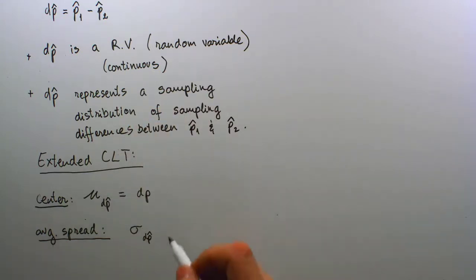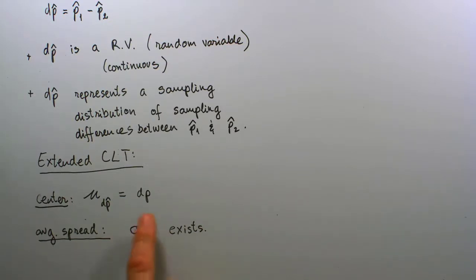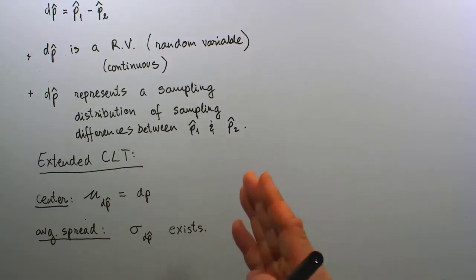And so at this point, we just know that sigma dp hat really exists. Allow me to save the discussion about how to calculate the value of sigma dp hat until we actually get into doing an actual problem.